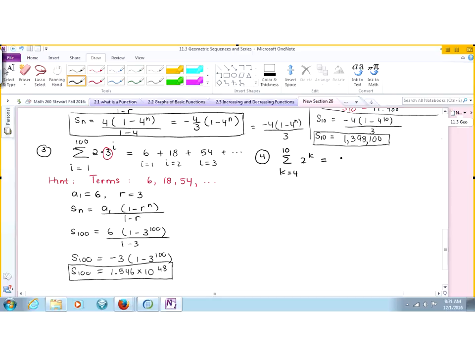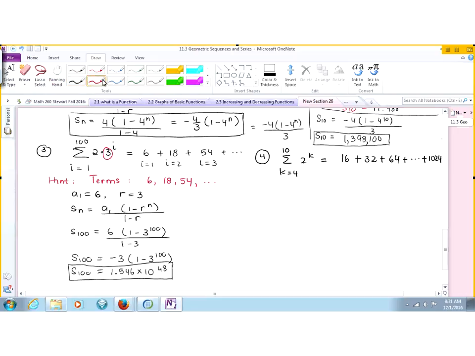When k is 4, I have 16. When k is 5, 32. When k is 6, 2 to the 6, which is 64. Until the last one, 2 to the 10, which is 1024. This value is not important; you can just write 2 to the 10th.